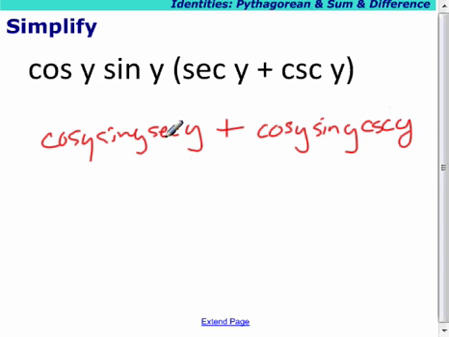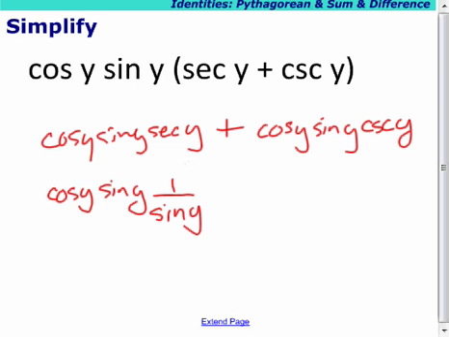Now I look at these and I say, well, cos and sine, I can't really do much with those, but secant is a reciprocal ratio. I know that secant is the reciprocal of sine. So I can write secant as 1 over sine y. Immediately I see, oh, I could cancel those. So in this term, I would just be left with cos y. Okay, plus, over on this side, let's see what happens.